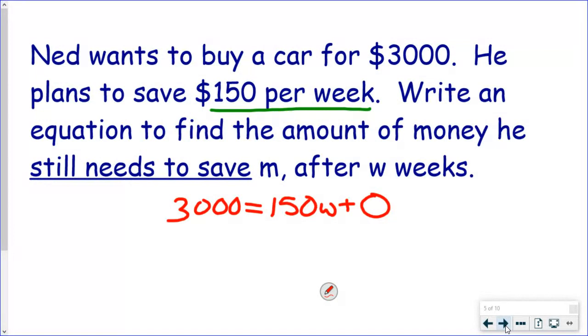Well, that would be the equation. How many weeks would it take him? Now I just need to divide. Oops, I divided by 150, and that would take him 20 weeks to do that if he didn't have anything saved. Okay.